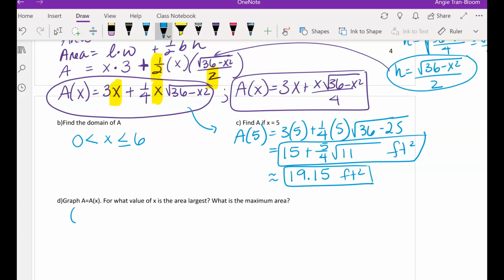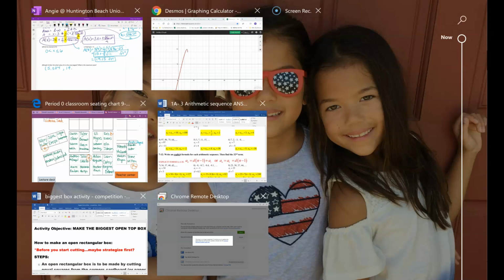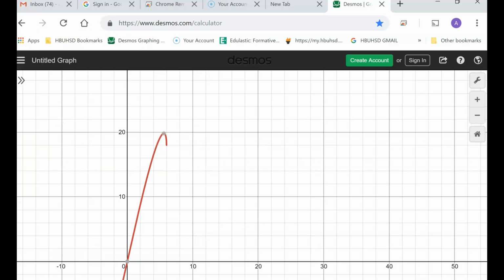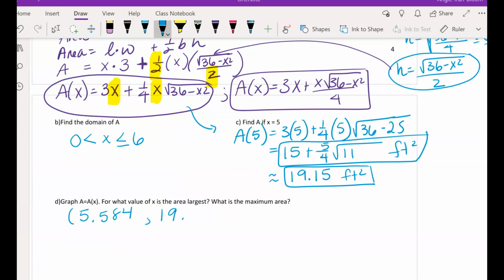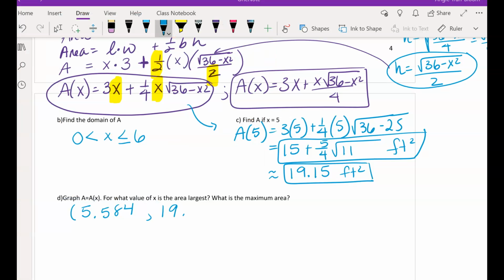The point we just saw is 5.584, comma 19.817.